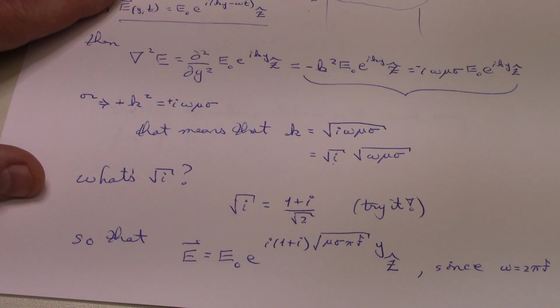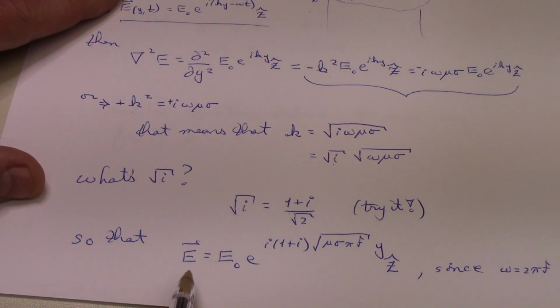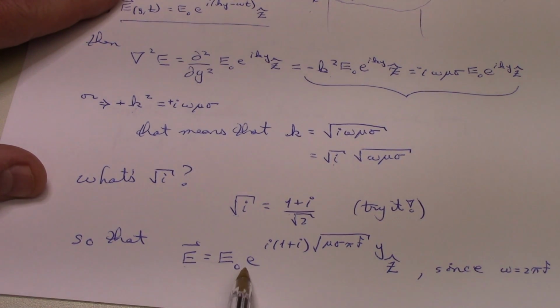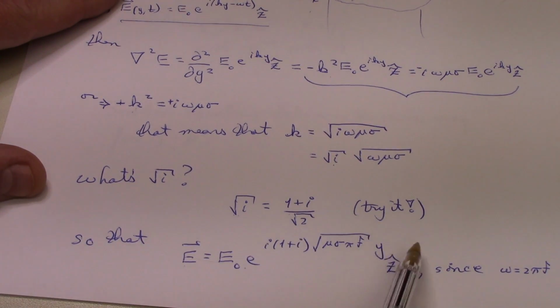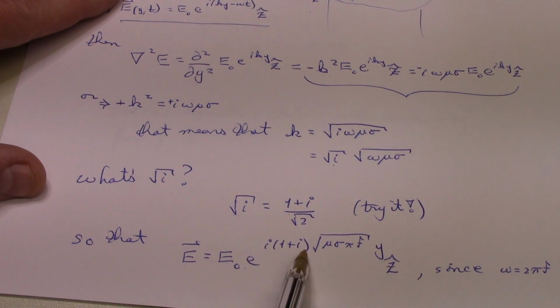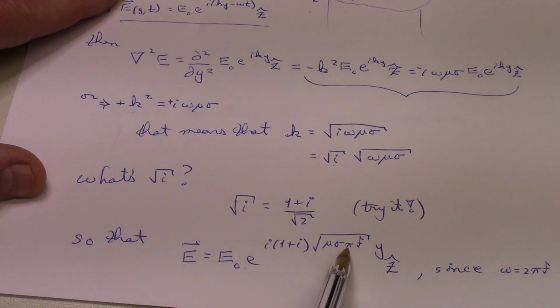So what have we done? Well, we've done a lot of math in a very short amount of time to show that we can write the solution of this E field as E0 times kind of a crazy looking exponential, e to the i times quantity (1 plus i) times the square root of mu sigma pi f, times y, times z hat.